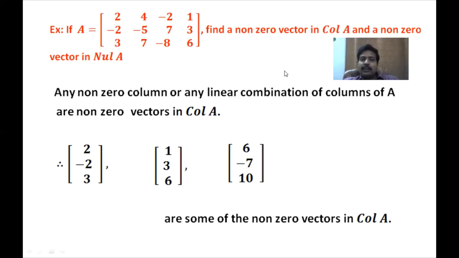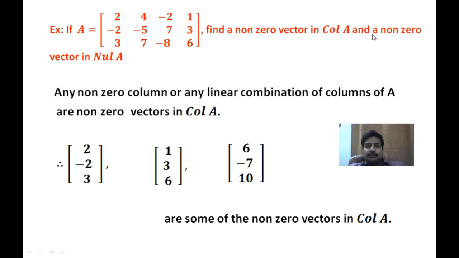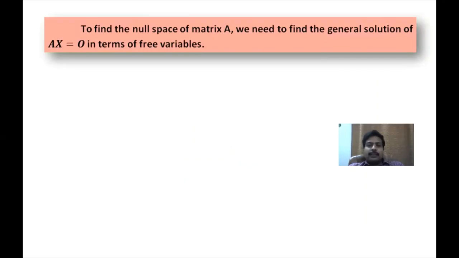But to find a vector in null space A is a little bit lengthy. That vector is the solution for the homogeneous equation. So you need to first find out what the null space is.